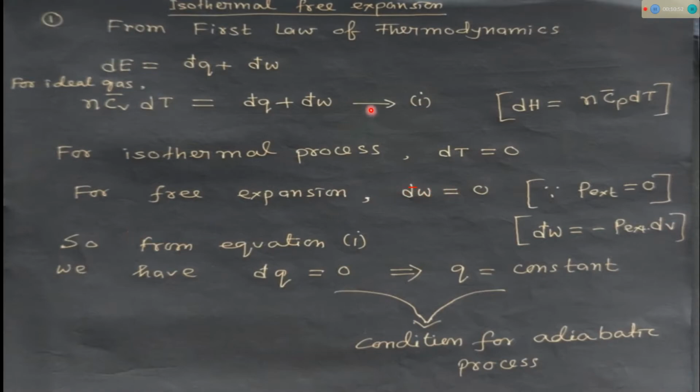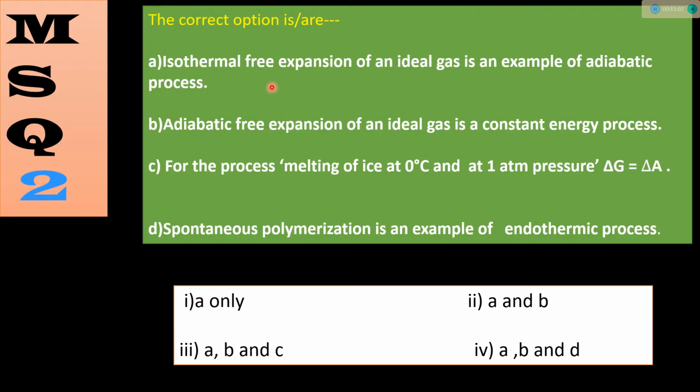Now from equation 1 we can write dq is equal to 0, or q is equal to constant. So this is the condition of an adiabatic process. So we found that isothermal free expansion of an ideal gas is an example of an adiabatic process. So the first statement is correct.